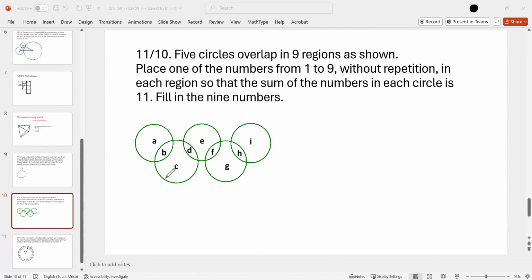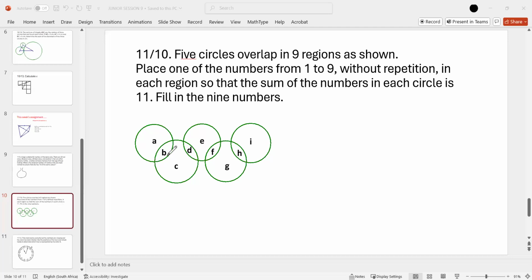All right, so let's look at our information again. What we've got is that A plus B is 11, B plus C plus D is 11, D plus E plus F is 11. So all these add up to 11, right? And we also know that the numbers from 1 to 9 are spaced in between.